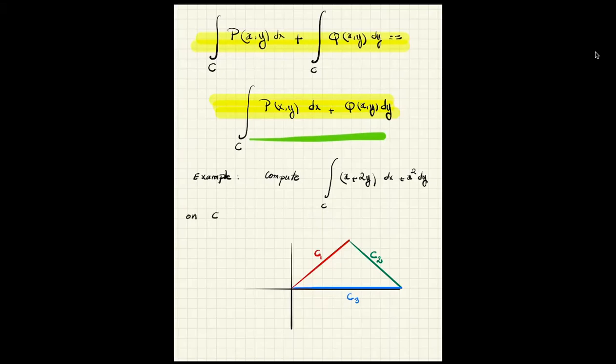On C equals C1, C equals C2, and C equals C3.